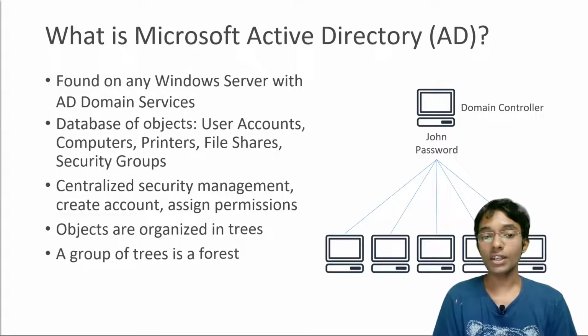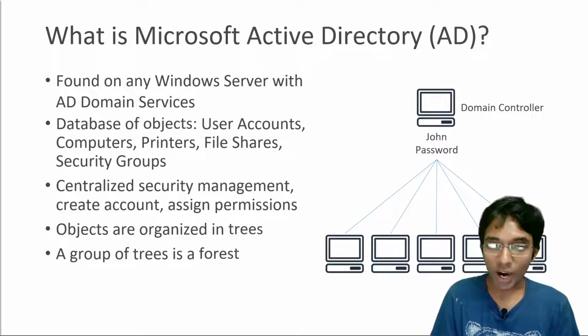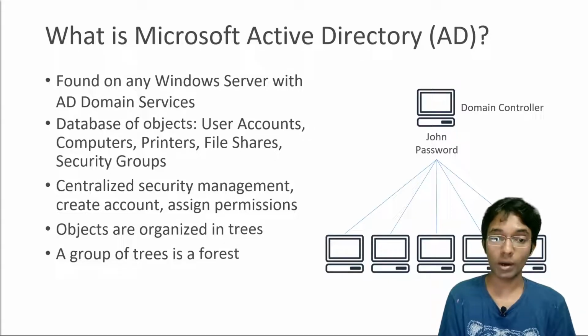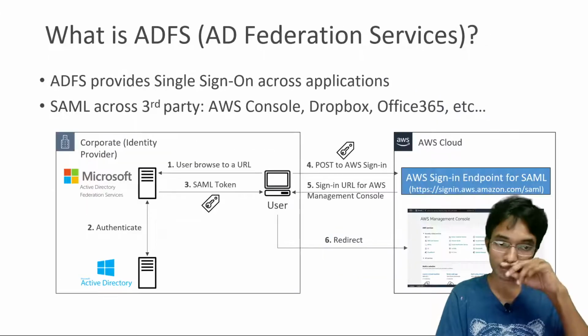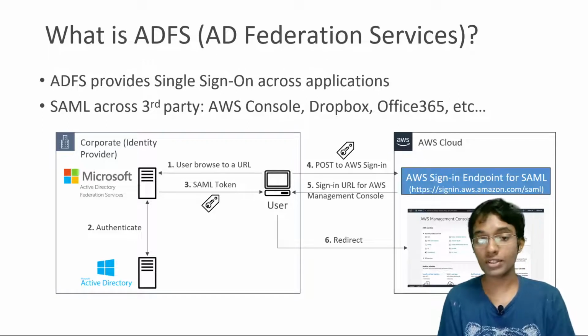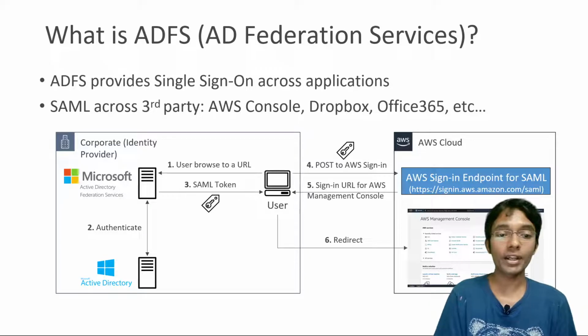So what is ADFS? ADFS provides single sign-on access to applications, and it has several integrations with third parties, for example the console, Dropbox, Office 365, and so on. So we have seen how ADFS works.